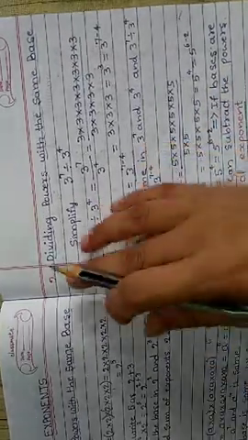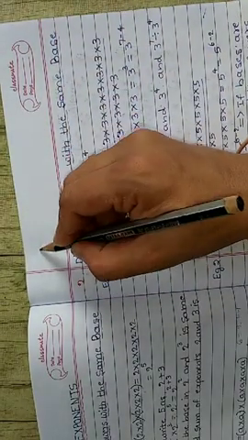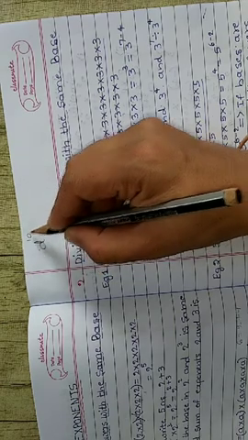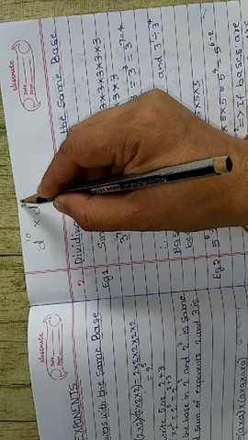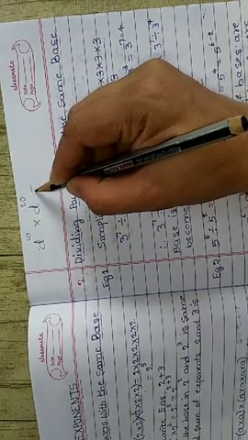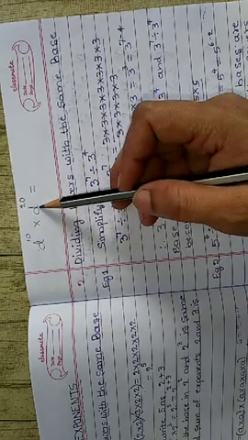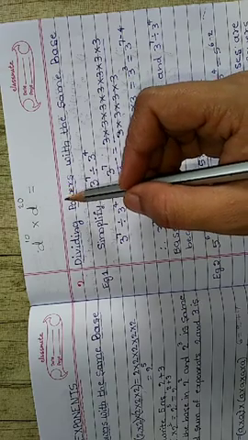So according to the first law of exponent, can you say quickly, if it is d raised to the power of 10 into d raised to the power of 20, what is the answer for this? According to the first law of exponent, can you say quickly?